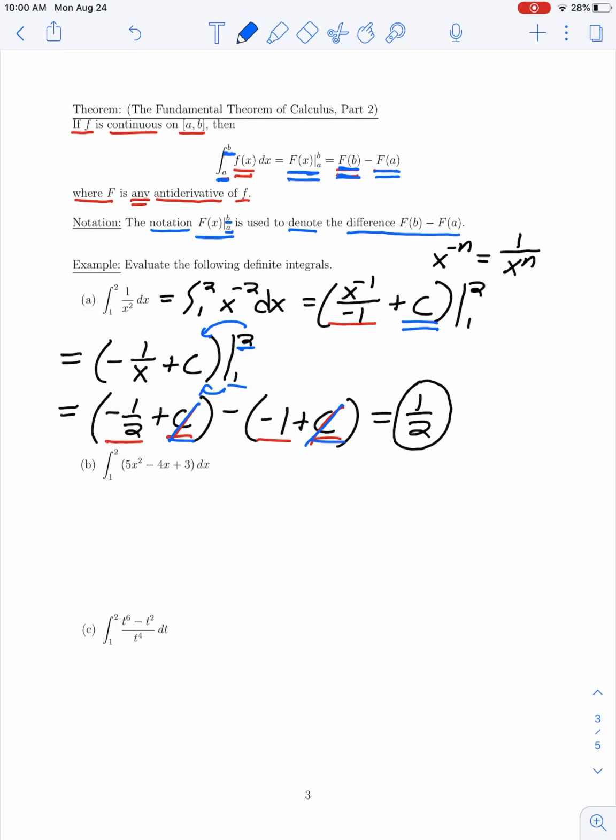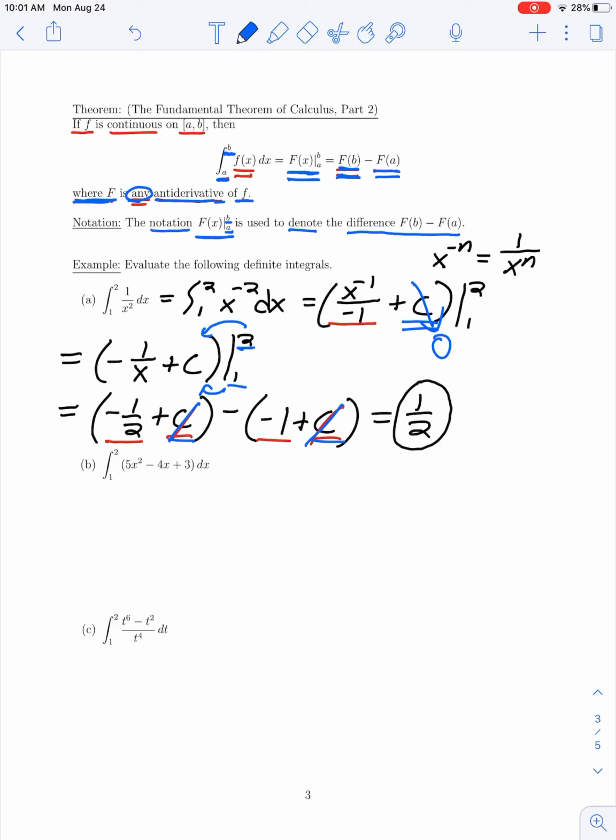Now, another way that we might justify omitting that plus c term is by looking at the statement of the fundamental theorem of calculus itself. So notice that one part of our theorem said that capital F could be any antiderivative of the function that we're integrating. So if we can use any antiderivative we want, let's use the antiderivative where the constant c is simply 0.